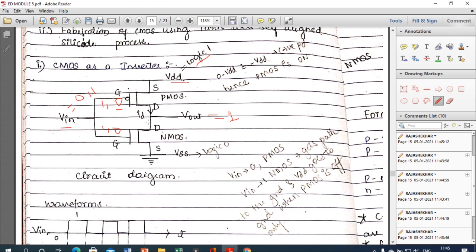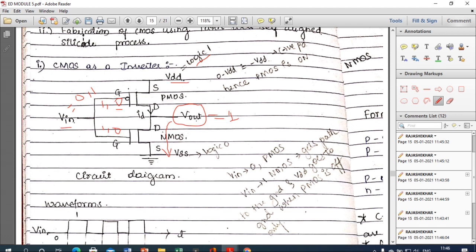So NMOS is on. When the NMOS is on, it gets a path from drain to source terminal. So whatever the voltage at the output side will flow towards the ground, because the source terminal is connected to the ground.